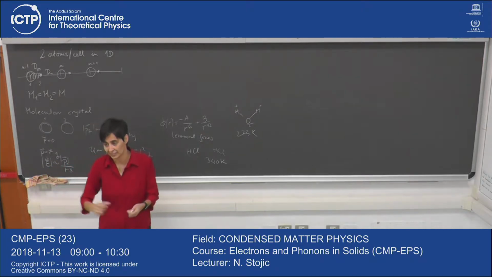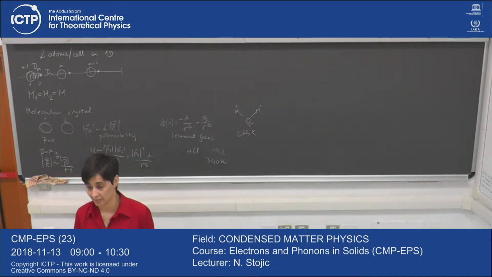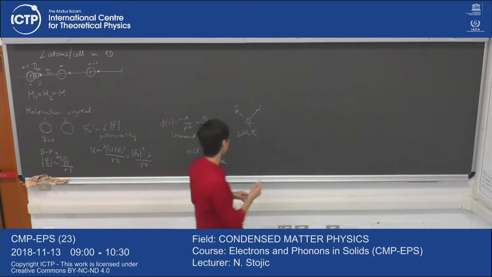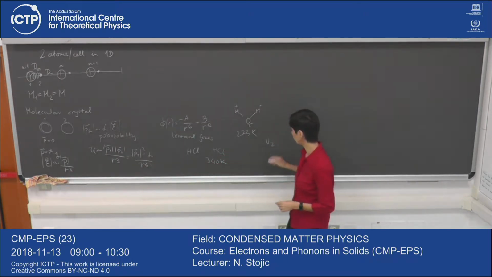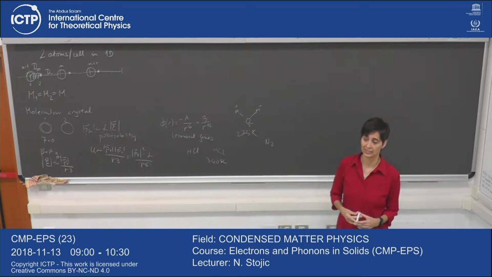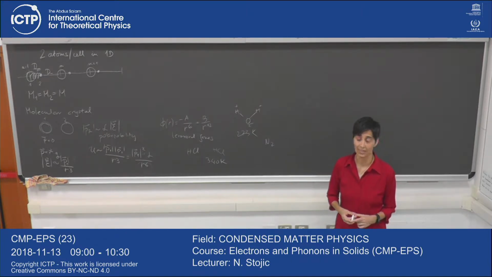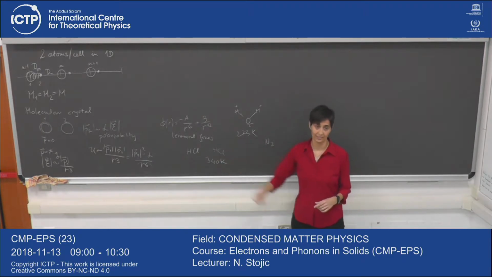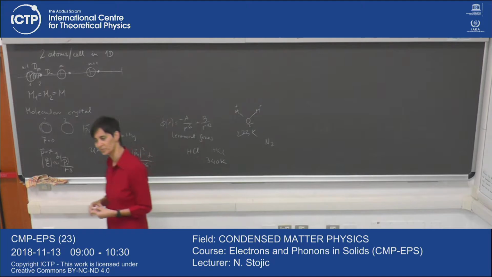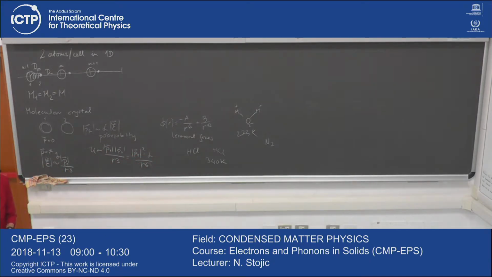It's a crystal bound by weak van der Waals forces. Some molecules, like N2, can also form a crystal, but it's not a dipolar force. It is quadrupolar, and it's much weaker than dipoles. Any questions on this? We will continue with our derivation of phonons.